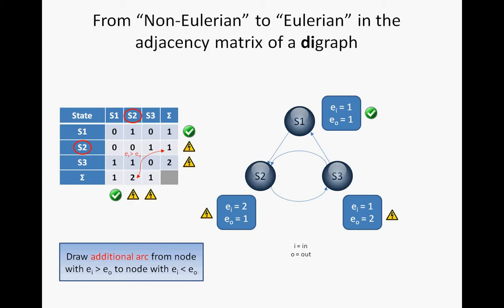The sum of the column S2 is 2, which are the two incoming edges of S2. The sum of the row S2 is 1, which is the outgoing edge of S2. In order to change the sum of the row S2, it looks like we have to change the value in that row, which is 1.